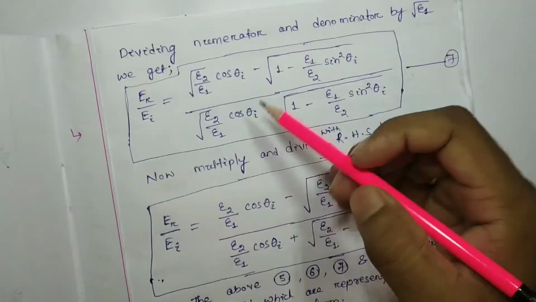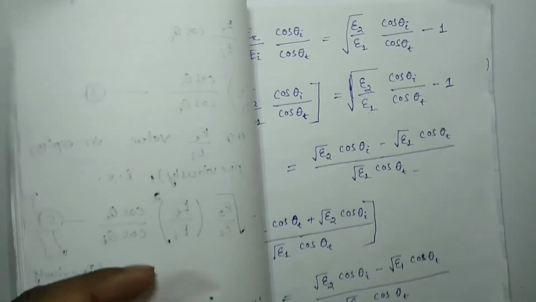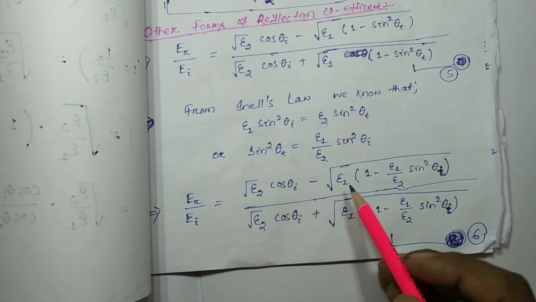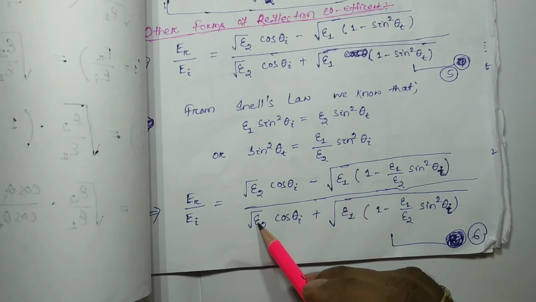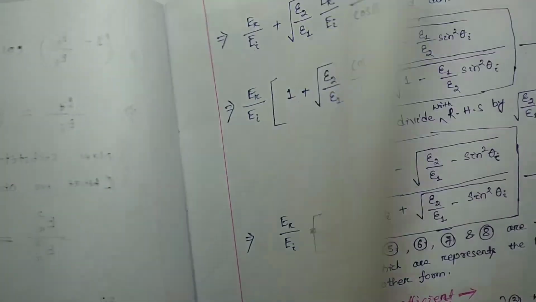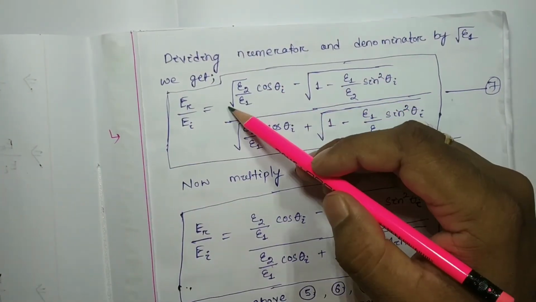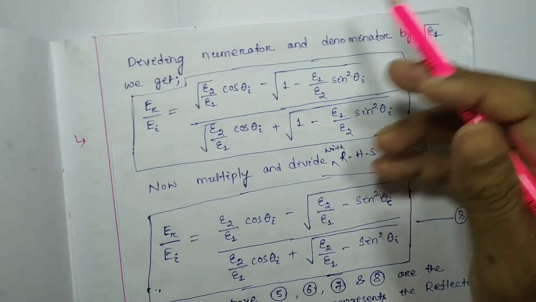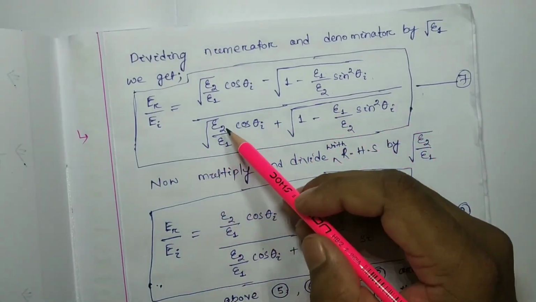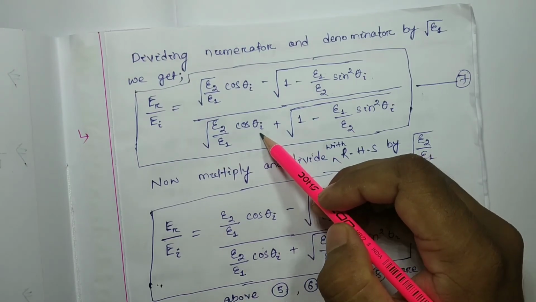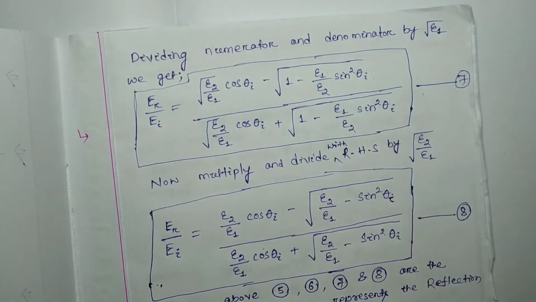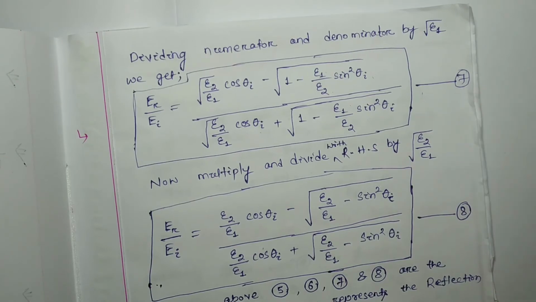We get root of epsilon 2 by epsilon 1 cos theta I minus root of 1 minus epsilon 1 by epsilon 2 sin square theta I, whole divided by root of epsilon 2 by epsilon 1 cos theta I plus root of 1 minus epsilon 1 by epsilon 2 sin square theta I. Okay, so let this be your equation number 7, and this is also another form of your reflection coefficient.